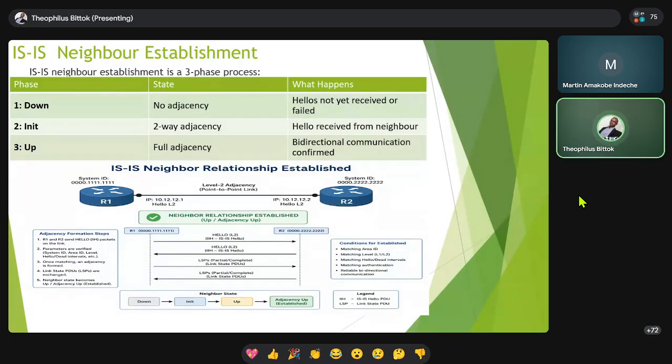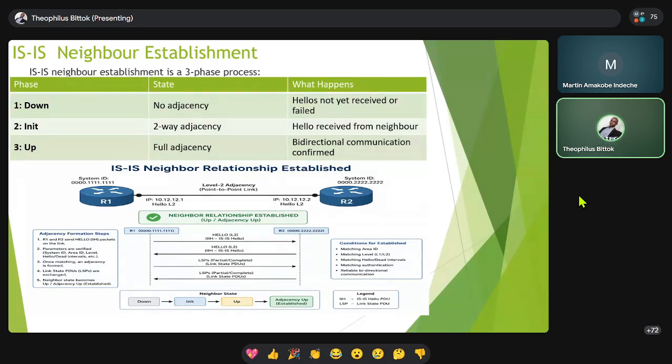Now we have different things that could stop you from forming a neighbor adjacency. Number one is matching area ID. The area IDs are going to be very important on the level 1 routers. You remember the level 1 routers just deal with one area.